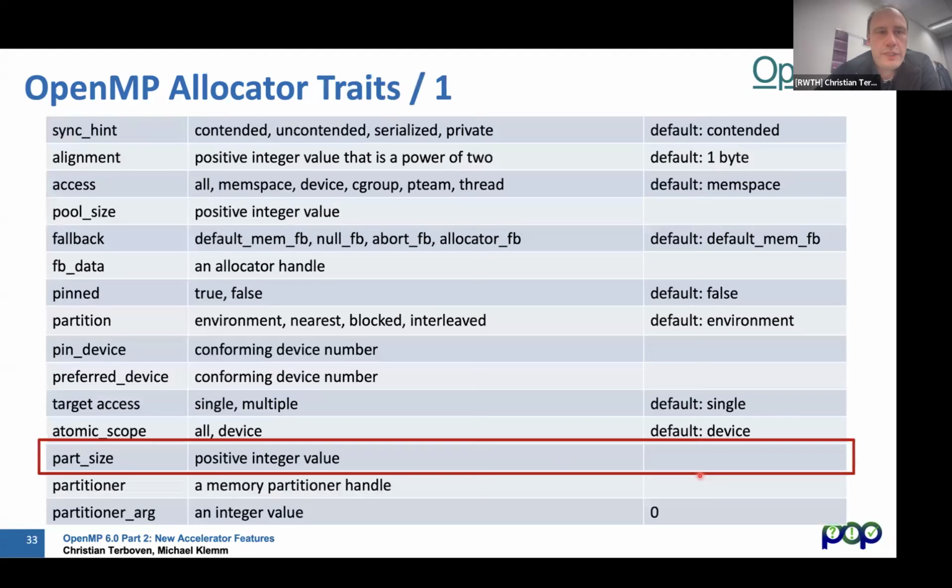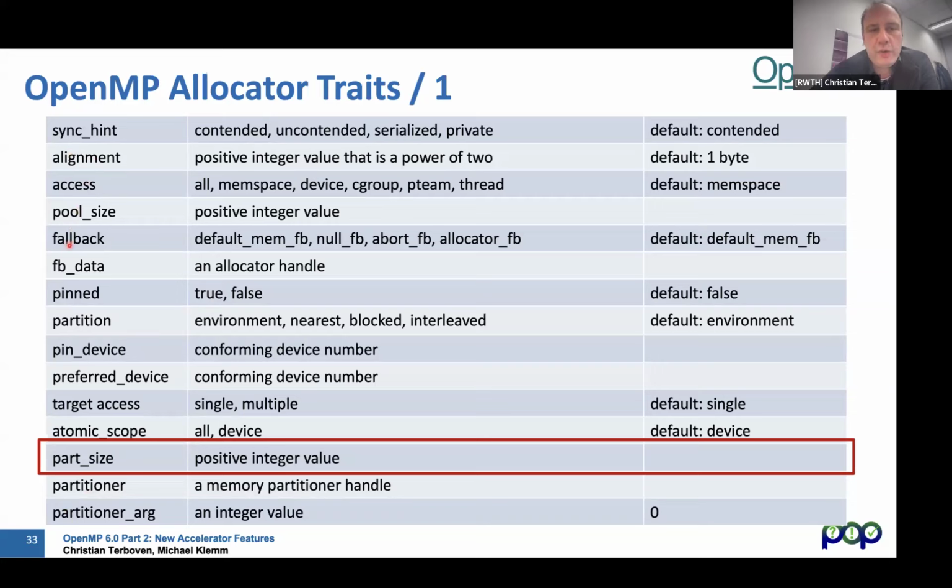This is a set of allocator traits, and there are three different traits that I would like to highlight here. First, a brief example on the partition size, and then partitioner and partitioner arguments. These have been introduced with OpenMP 6. Apart from that, we can ask for certain alignment.